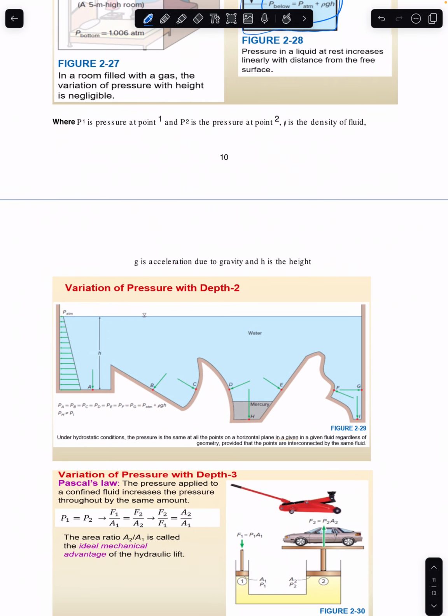And now, the last two sections. If I have the same water in a cylinder or in a section whereby they have different angle, different shape. As long as the water are all the same, from point E, point G, point F, point E, point D, point C, point B, point A, at a given point that is uniform, the pressure difference will be the same if the fluid are all the same.